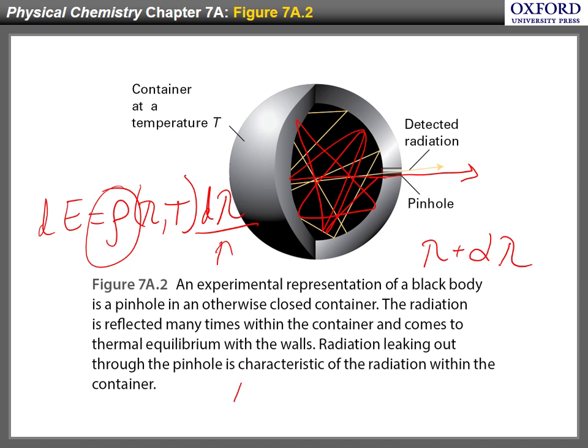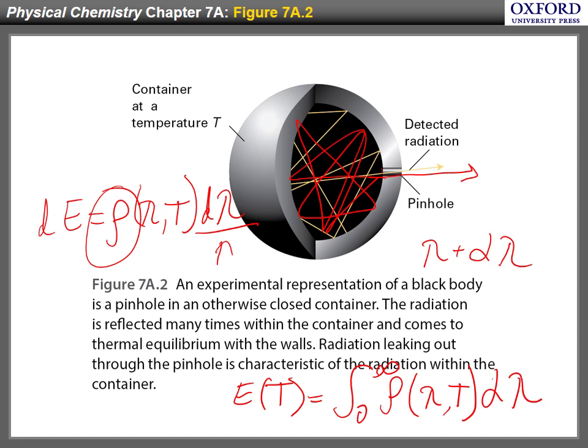So energy as a function of T equals an integral from 0 to infinity. We have to incorporate everything: rho of lambda and T, delta lambda.